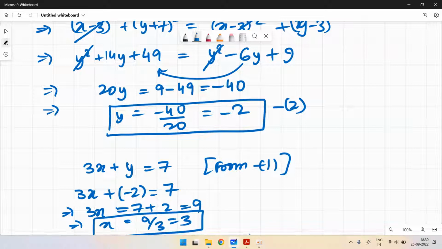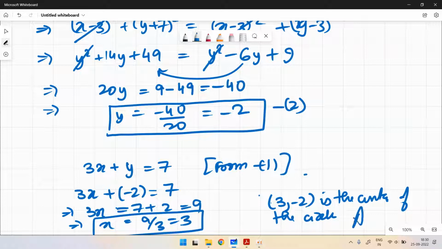So the center of the circle will be 3 comma minus 2, which is the answer.